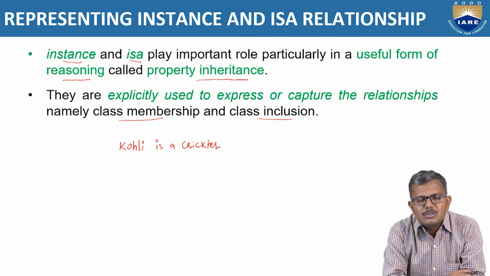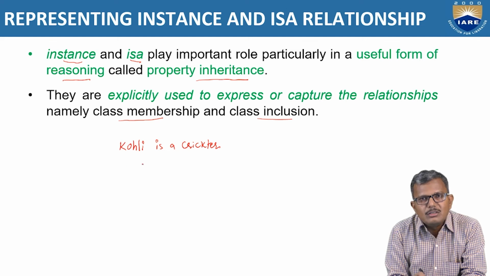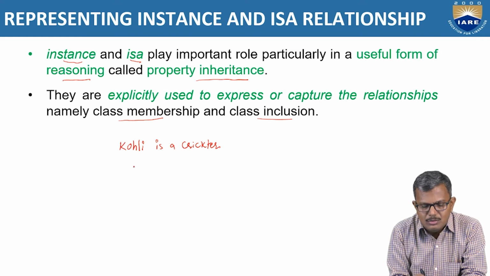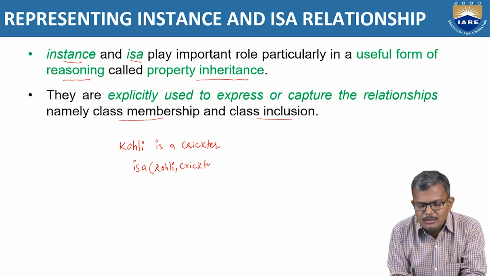The representation will be isa(Kohli, cricketer). Here we are talking about Kohli, and the association is isa. So the isa attribute shows the relationship between Kohli and the cricketer.